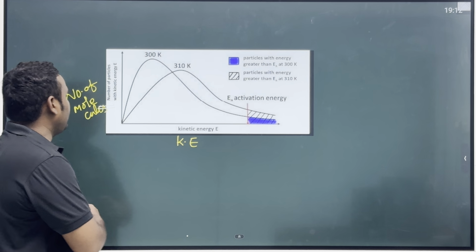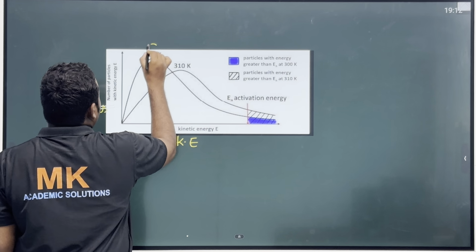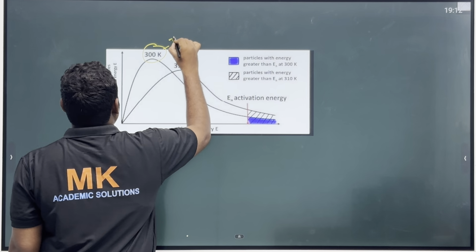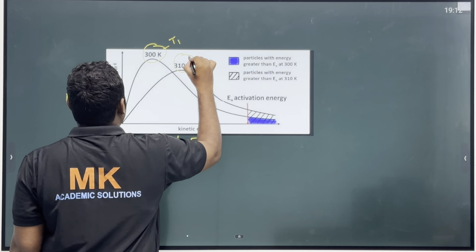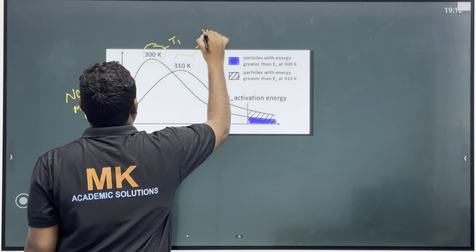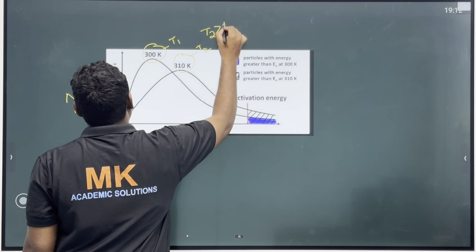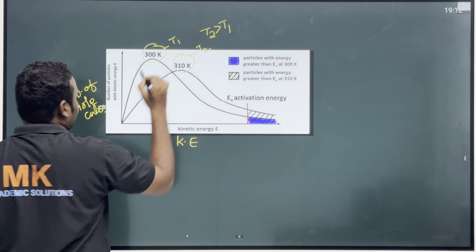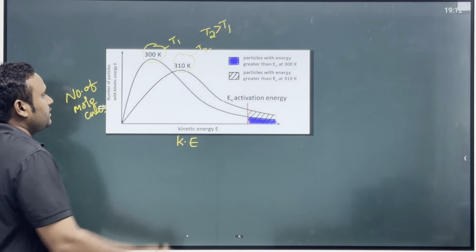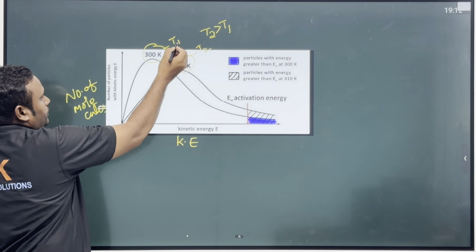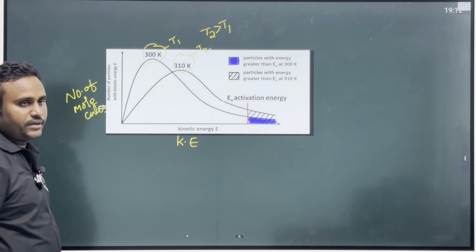Here this is the temperature T1, and this is the temperature T2. So the condition is what? T2 is greater than T1. Here we have taken 310 Kelvin as the temperature T2, and this is the 300 Kelvin temperature T1.